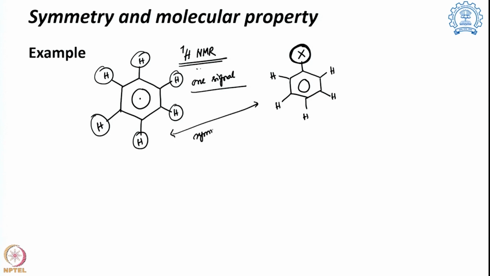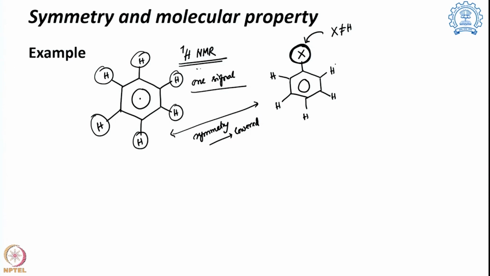So, symmetry is actually lowered as we put this X over here. X is anything but hydrogen. So, then how many proton signals am I going to have?